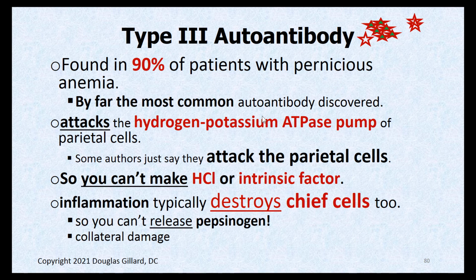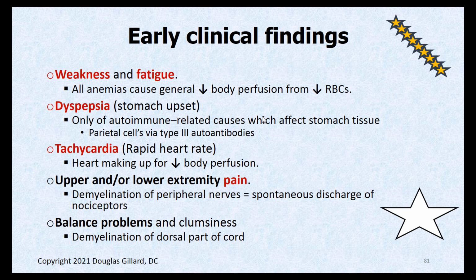So what cell do these hydrogen-potassium pumps live in? Parietal cells. See how that works? Yeah, so if your parietal cells are messed up, you can't make intrinsic factor or hydrochloric acid. And you'll get some collateral damage as well. The inflammation will spill into the chief cells and destroy them, so you can't make pepsin either.